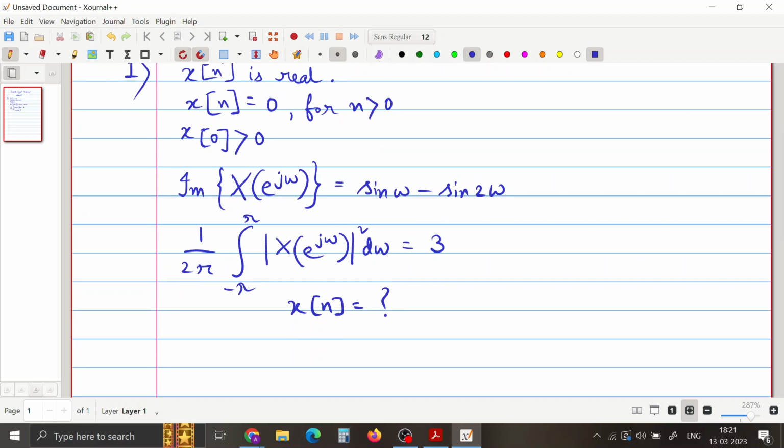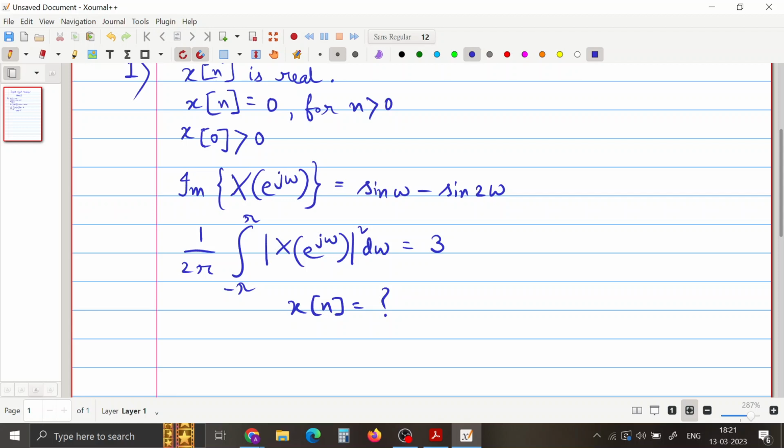So by the way, this last condition here, 1 by 2 pi integration minus pi to pi mod square of X of e power j omega d omega, whenever you see such an expression, this should remind you of some theorem, right? It should remind you of the popular Parseval's theorem. This is actually the expression for energy in the frequency domain.